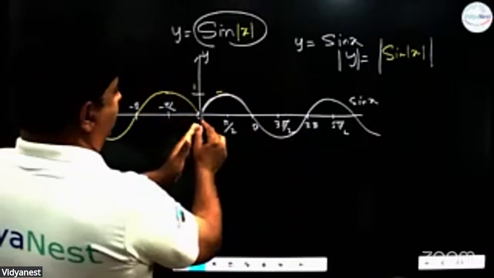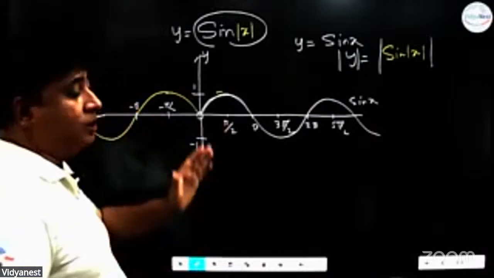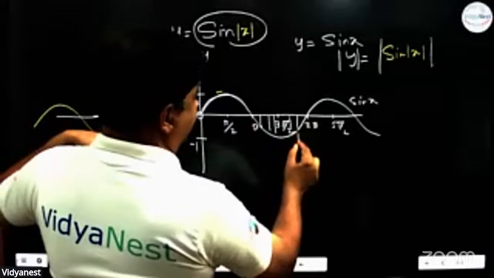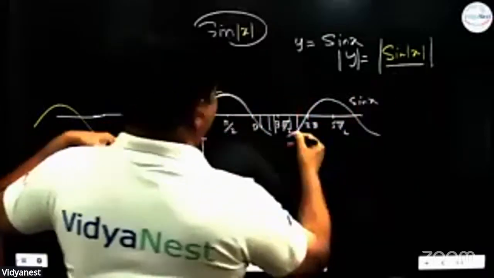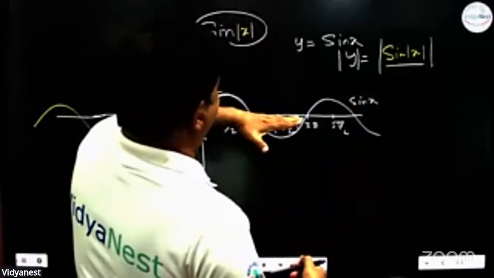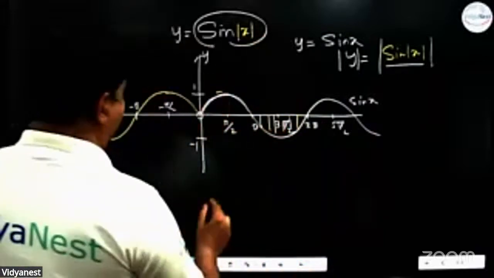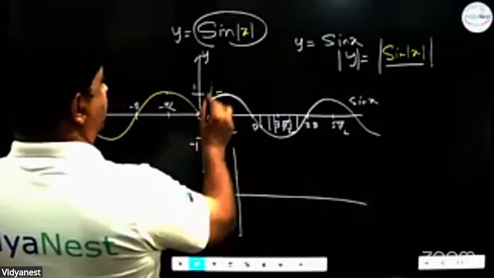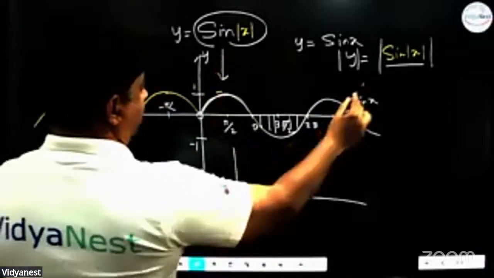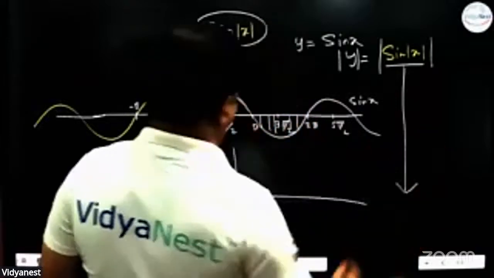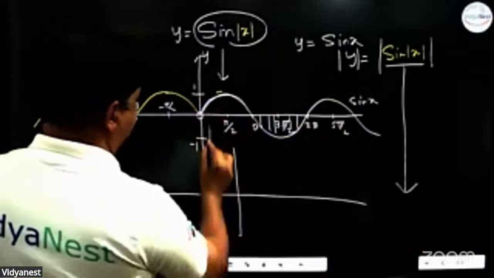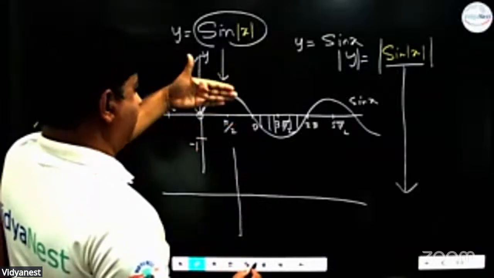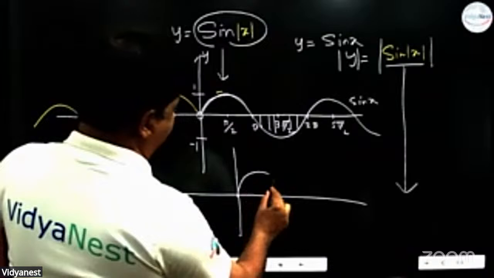See, the thing which is already above the x-axis will have no image. But the thing which lies below the x-axis will go upwards. It will be like this. This is sine mod x. Now, mod of sine mod x. You observe the portion of the graph which lies above the x-axis, it will remain like this.